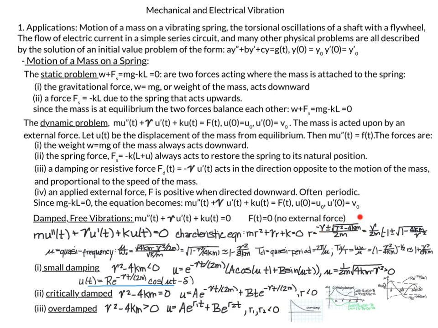First, it could be that what's inside the square root was less than 0, in which case we would have complex roots, and we would have a solution of this form, e to the minus gamma t over 2m, and then a cosine mu t plus b sine mu t. We worked using a trigonometric identity to get this into the form u equals R e to the minus gamma t over 2m cosine of mu t minus delta.